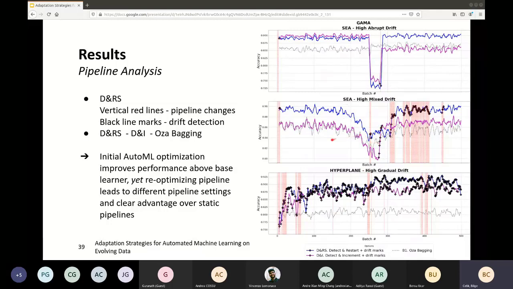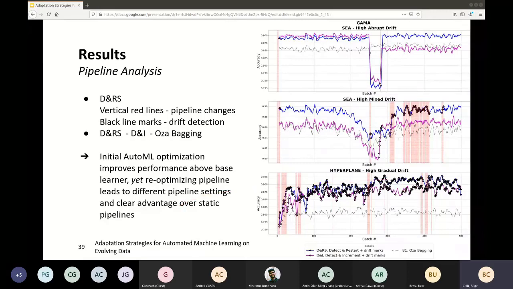When we look at the results, we can see that the initial run of the AutoML in detect and increment actually gives a performance boost over the Oza bagging, the baseline learner. Yet, it's still generally worse than re-optimizing the pipelines. We also see that detect and restart is actually finding new pipelines quite regularly, especially with mixed and gradual drifts.